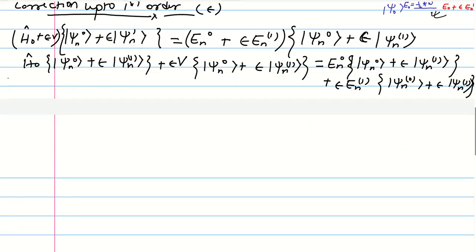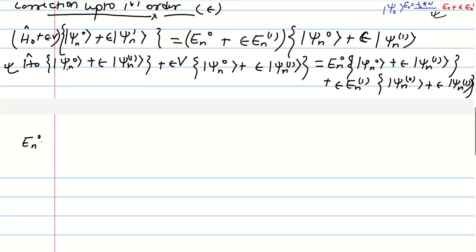Now you see this equation. So when H naught acts on psi of n, what eigenvalue will you get? You will get this one. Since this is the eigenket of this Hamiltonian, so this is the unperturbed eigenket and this is the unperturbed Hamiltonian.